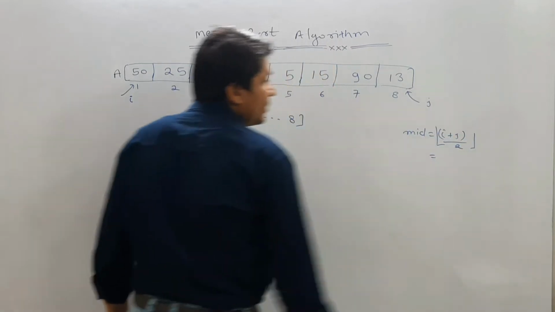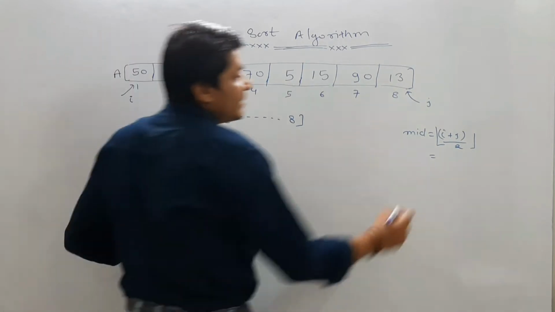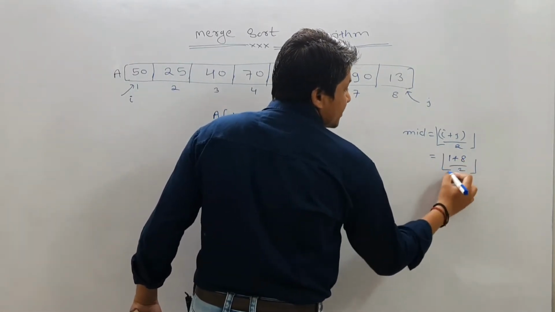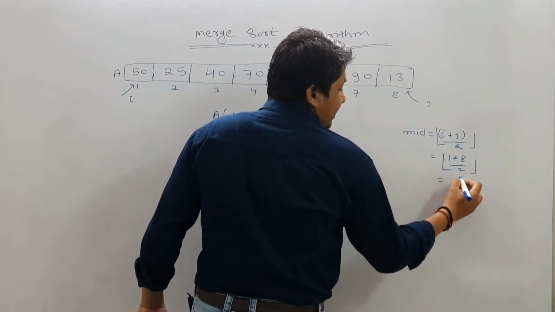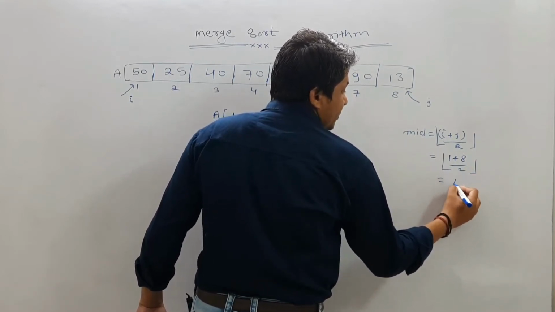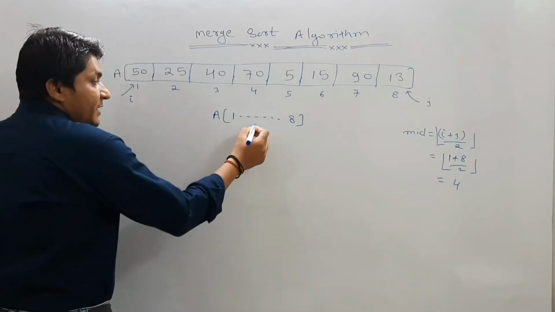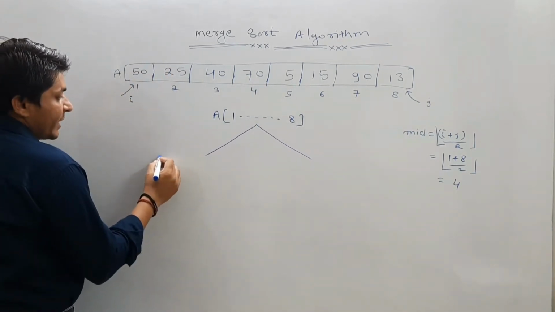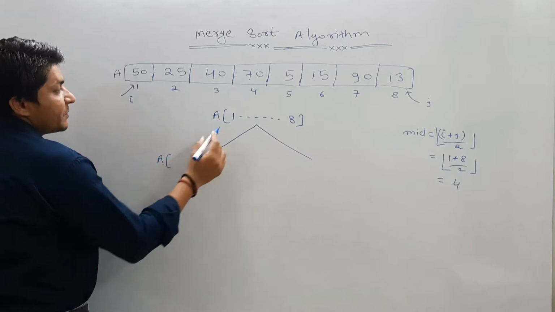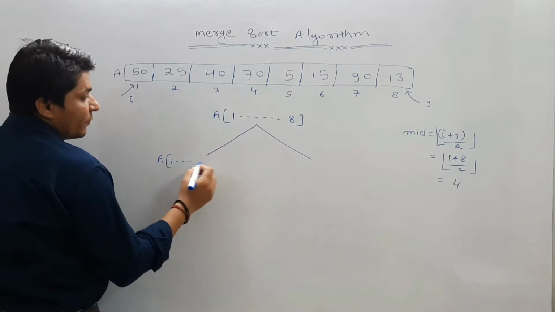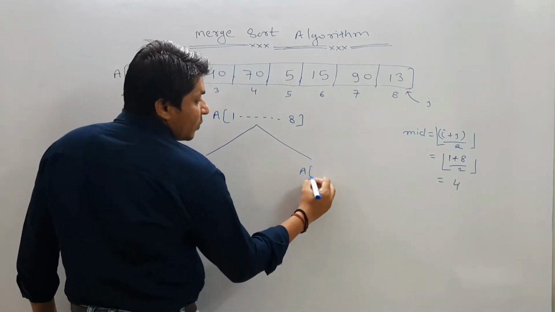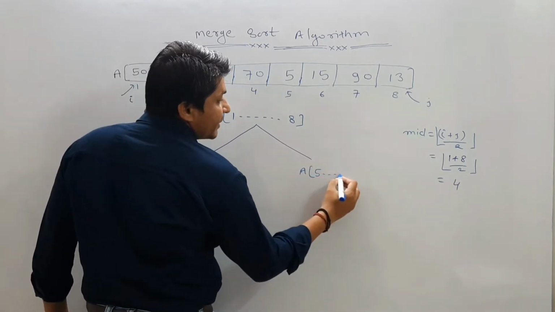If you calculate mid, it is going to be 1 plus 8 divided by 2, and take the floor value. 9 divided by 2 is 4.5, so taking the floor value, it is 4. This means you have divided the problem into two parts. One part contains elements from 1 to 4 and the other part contains elements from 5 to 8.